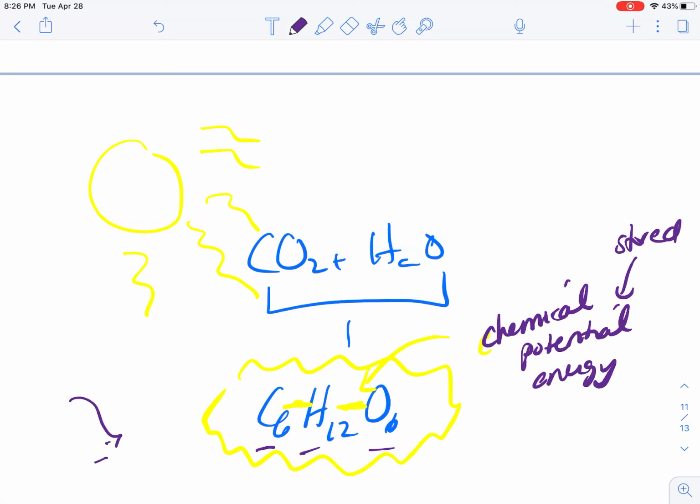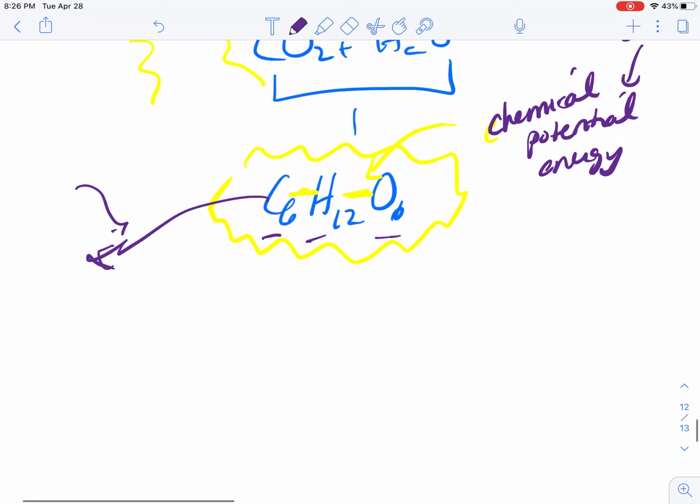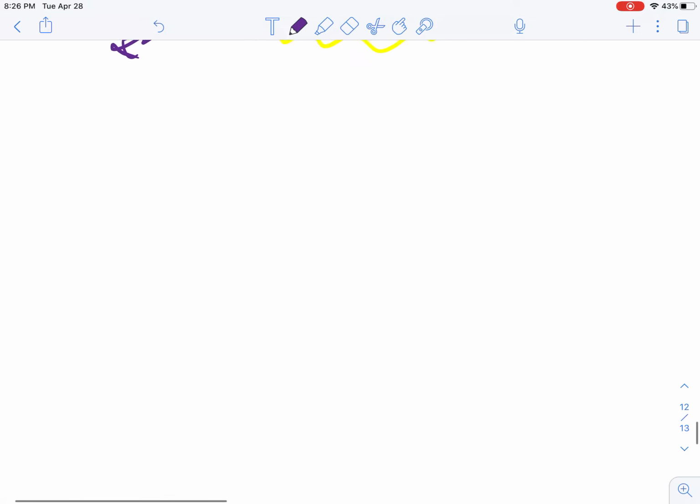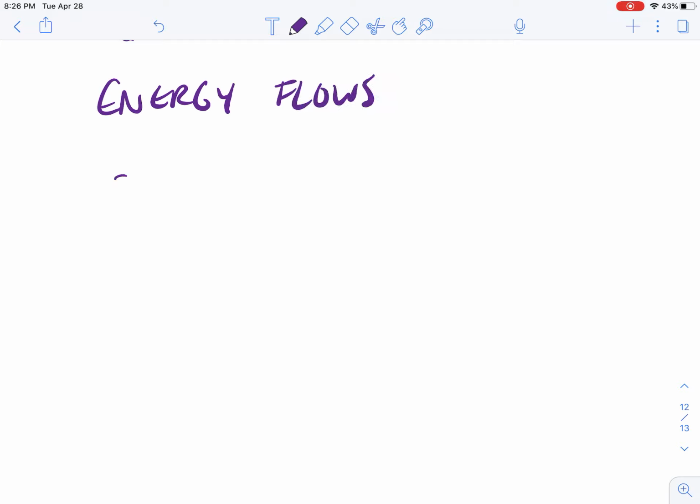And when you eat this, you release that solar energy that you stored, and that's used to make you move and grow. So you can see in what I showed you that it's really important to understand that energy flows.